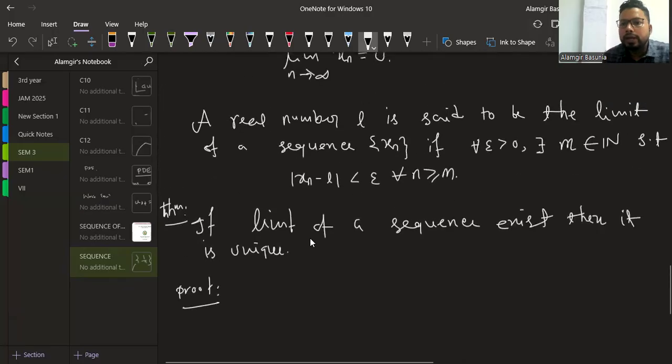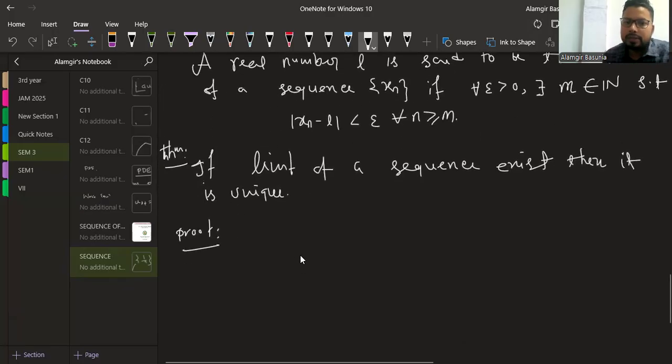Okay, suppose we are assuming that there is a sequence xn and it has two limits, L and L prime. And then we can show that if the limit exists, then L and L prime will be equal.